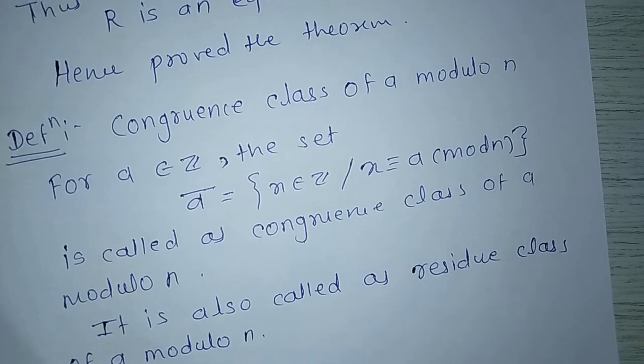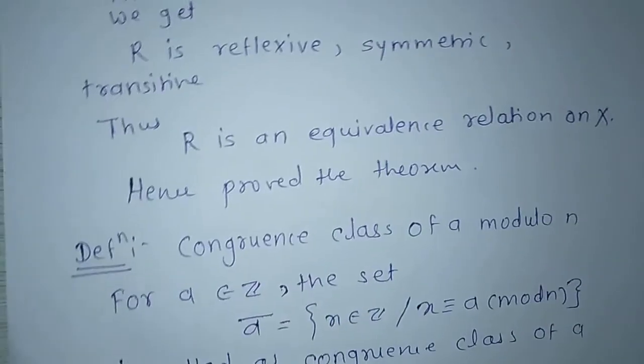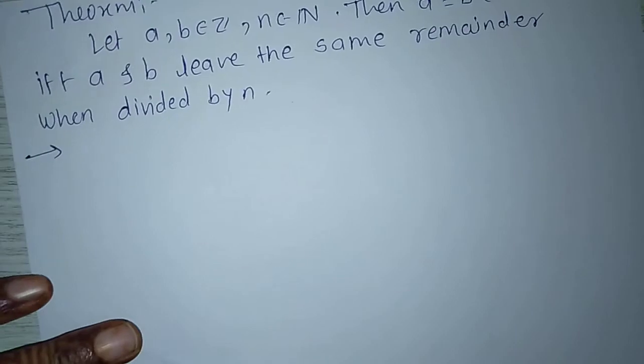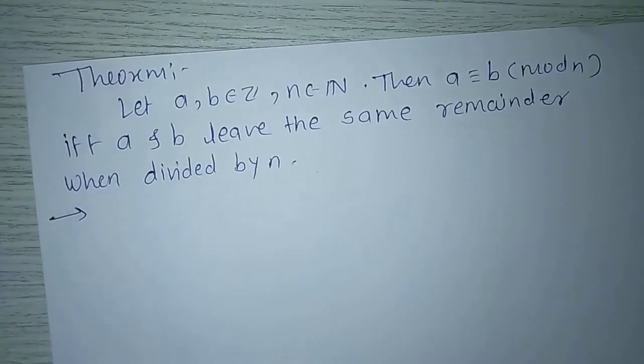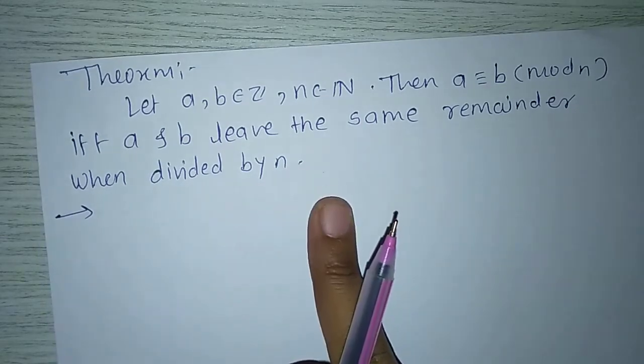Now we will see the theorem based on congruence class of a modulo n. Statement of the theorem is, let a, b belong to Z, then a is congruent to b modulo n if and only if a and b leave the same remainder when divided by n.